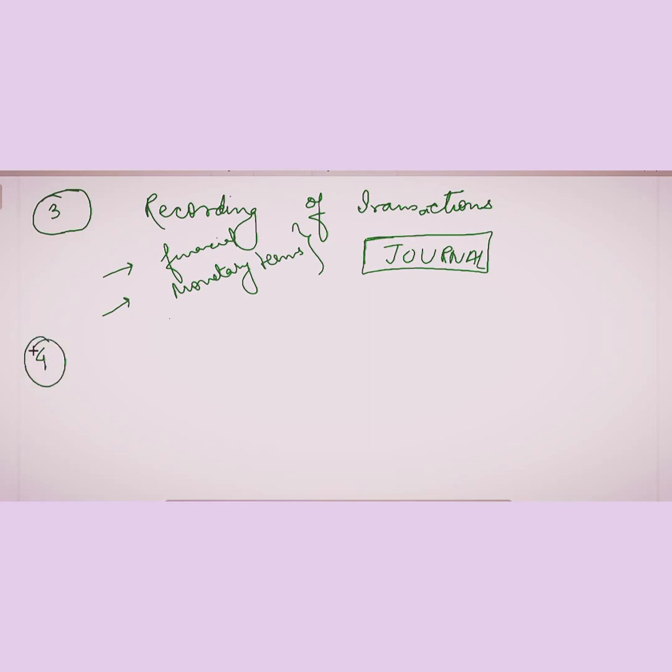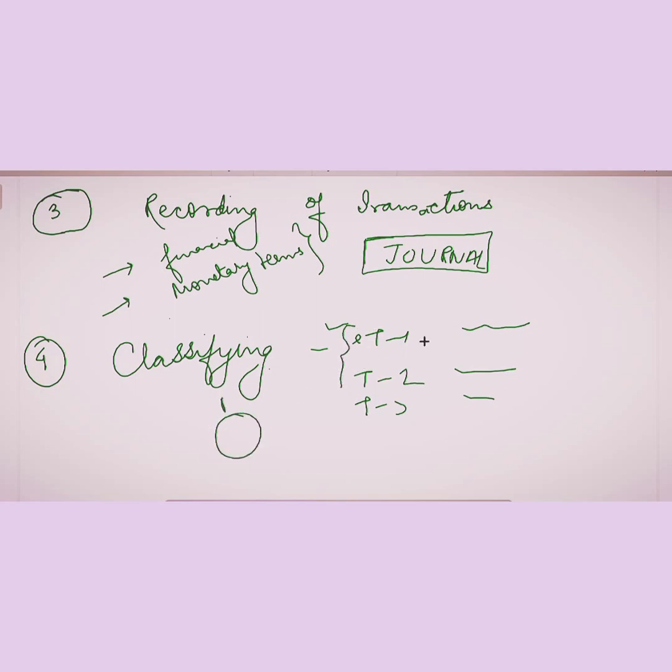Now the fourth step is classifying. After recording the transactions, for example, transaction 1, transaction 2, transaction 3, we have to classify the same type of transactions in one batch. Means if these transactions are of purchase, and now transaction 4 sales, transaction 5 sales.